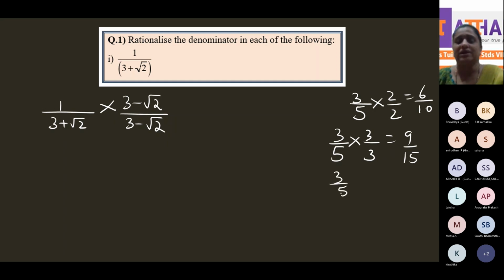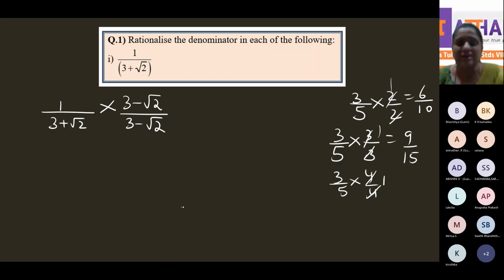Then 3 by 5 into 4 by 4. So what are we actually doing here? 4 by 4 means you're multiplying by 1. 3 by 3, you're multiplying by 1. 2 by 2 is 1, 3 by 3 is 1, 4 by 4 is 1. So you're not making any change to the given fraction. You're just multiplying by 1.